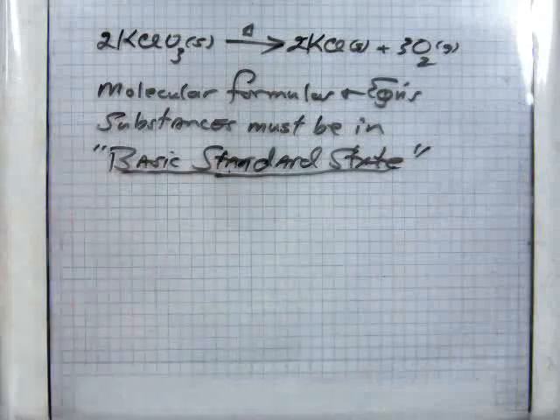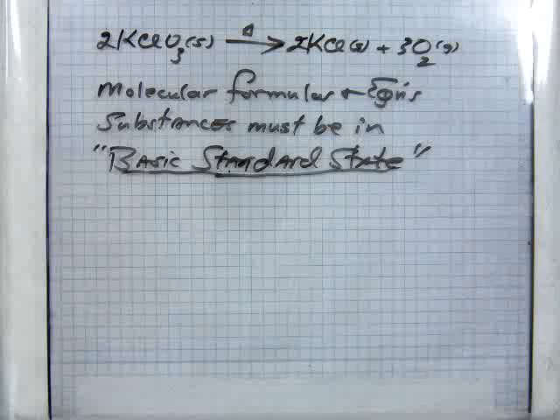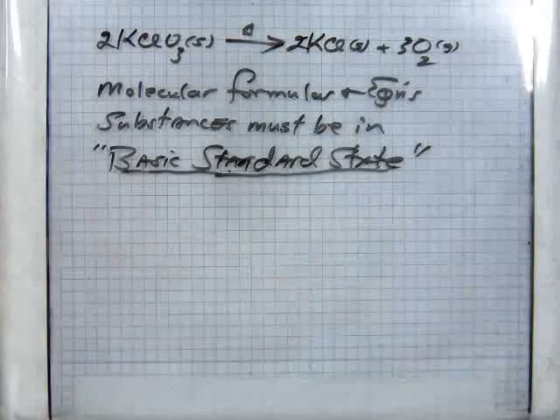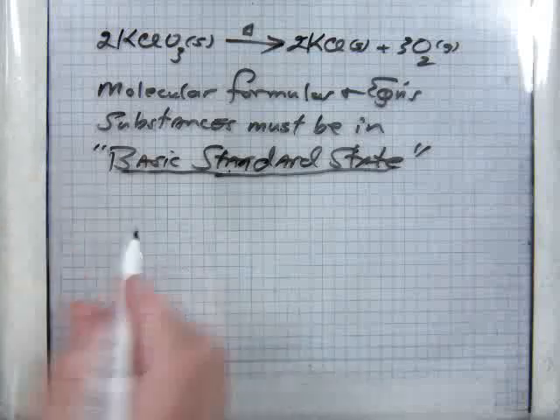The term basic standard state is a critically important term and expression for your understanding in chemistry. Basic standard state of substances is the most common form of a given substance.